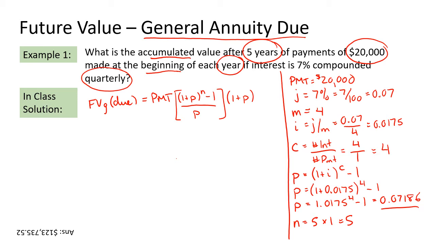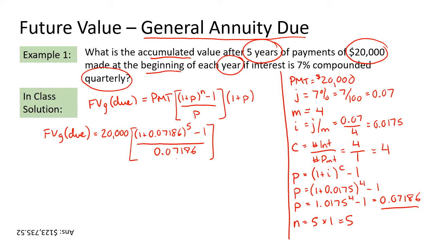So now if I substitute all these values into this formula, our future value for a general annuity due is equal to our payments, 20,000, times 1 plus that equivalent rate of interest, 0.07186, and then to the exponent 5, our term N, minus 1, divided by that same equivalent rate of interest, 0.07186. And that's multiplied by 1 plus that equivalent rate of interest, 0.07186.